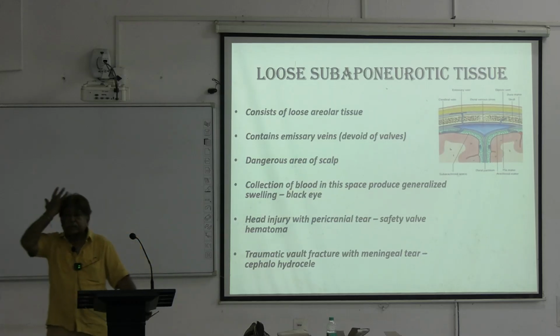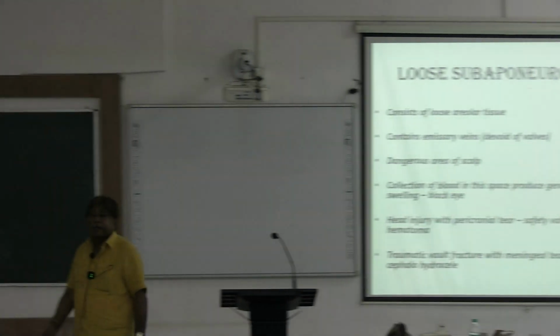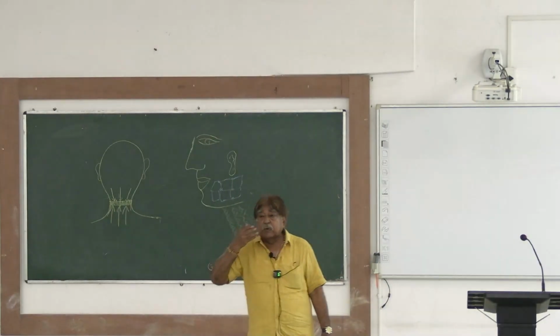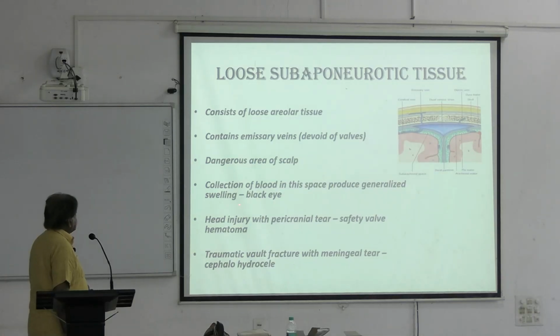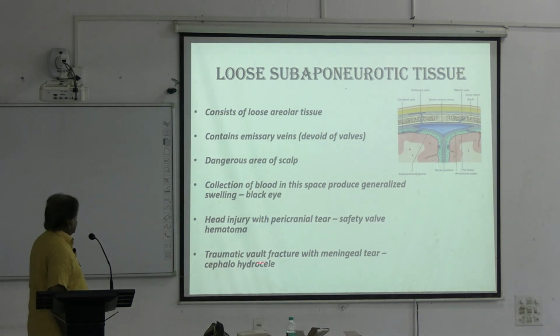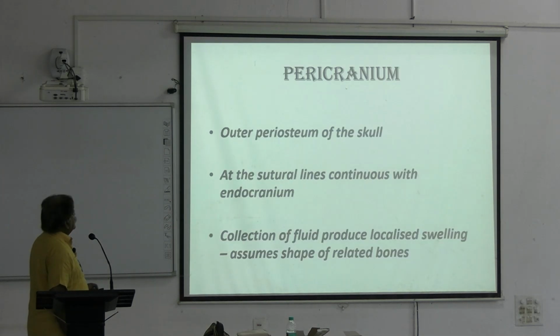So you hit a person on the head and next morning you see a swollen black eye. Head injury with pericranial tear is a safety valve hematoma; traumatic vault fracture with meningeal tear, cephalhydrocele.